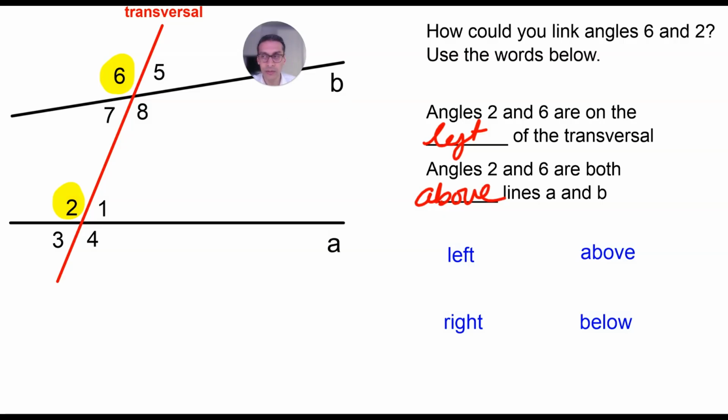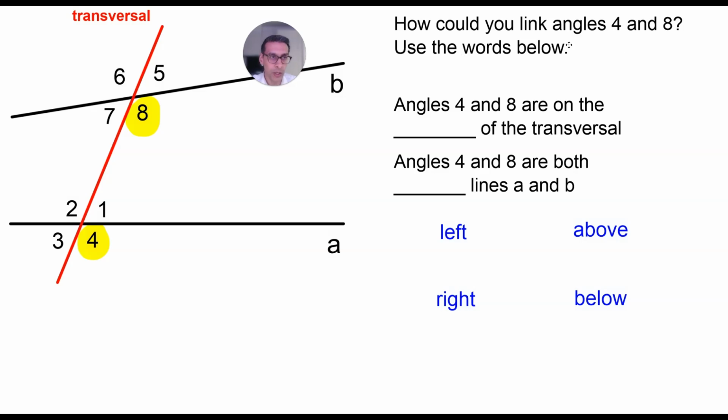So another example here. So how could you link angles 4 and 8? Well, angles 4 and 8 are on the right hand side of the transversal, and angles 4 and 8 are both below lines A and B.